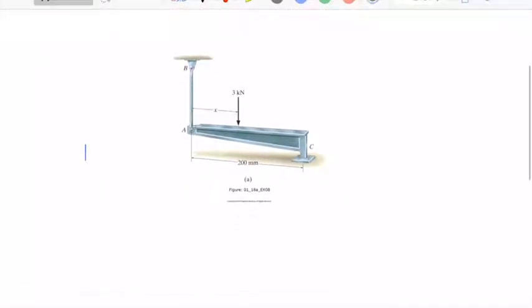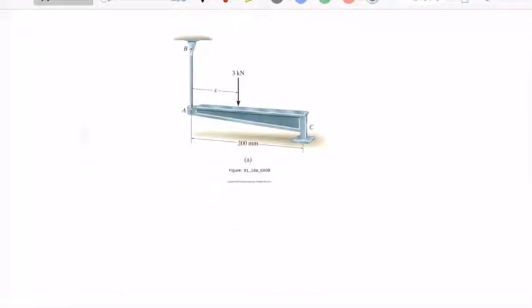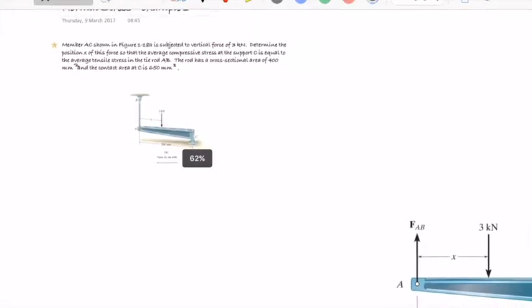So let's go ahead and find out all the forces acting on this one.